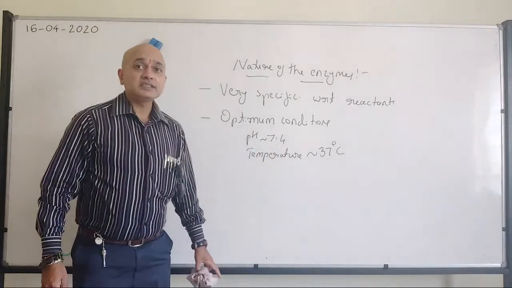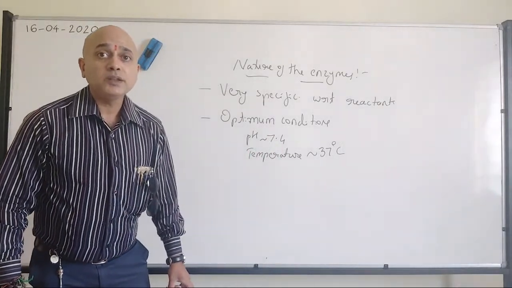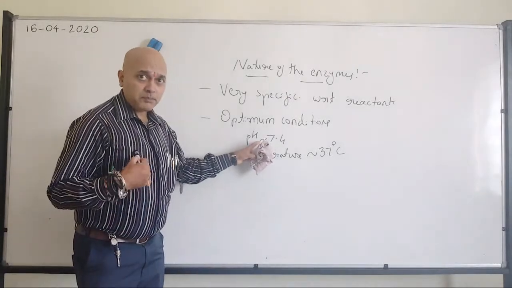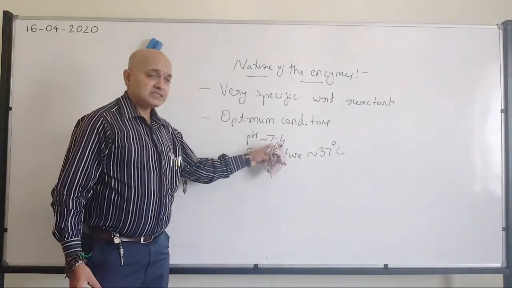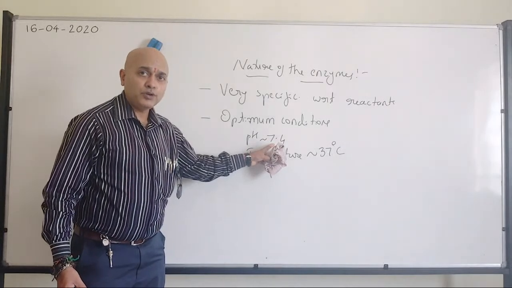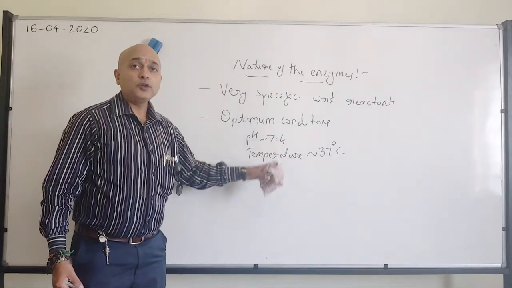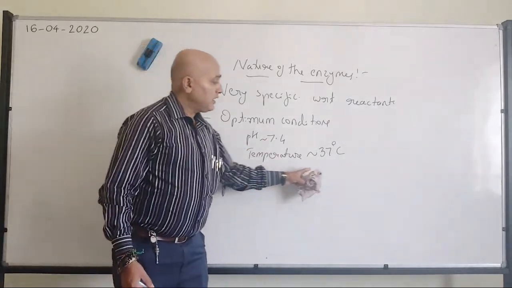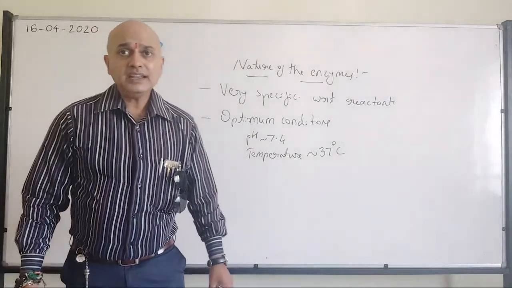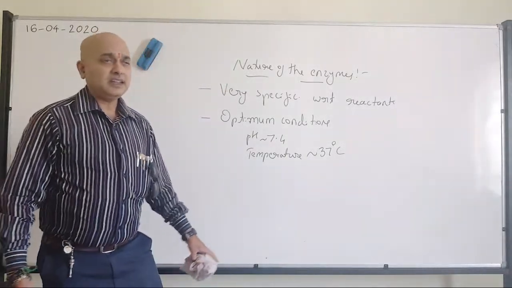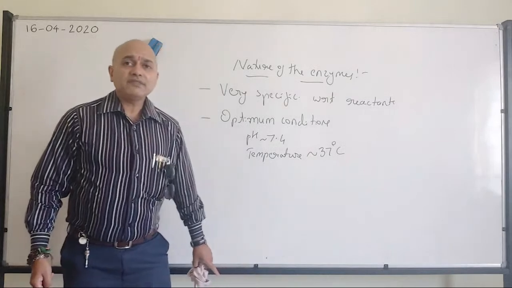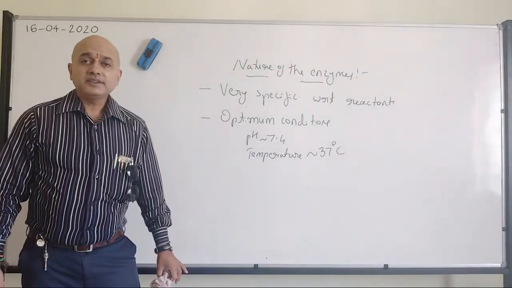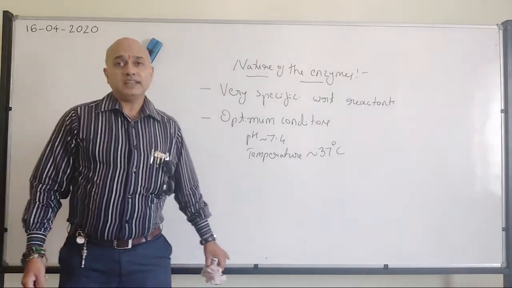It is related to our system, human body or living organism condition, where our blood is having pH somewhere around 7.2 to 7.4. Human blood, 7.2 to 7.4. Our body temperature, right? It can be 98 degree Fahrenheit or 37 degrees Celsius. So that's where I have got the optimum condition.